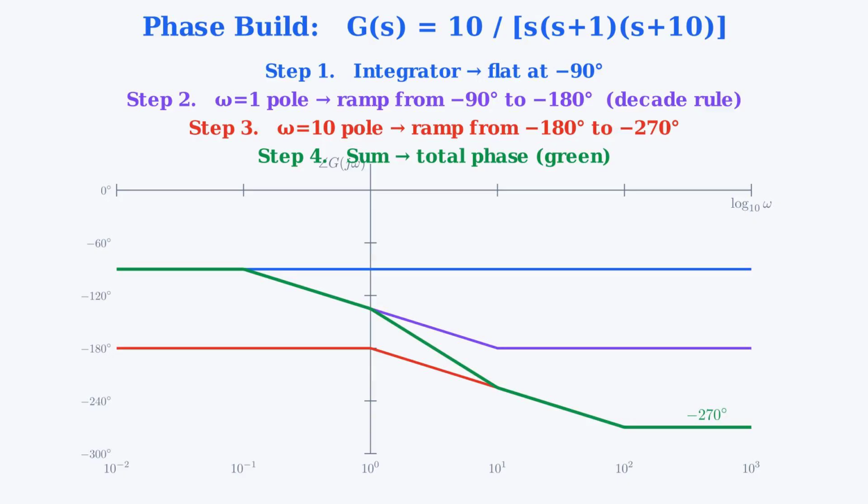The total phase reaches minus 180 around omega equals 3 or so, then continues toward minus 225 degrees by omega equals 10. Above omega equals 100, both poles are deep in their asymptotic regime. The phase settles at minus 270 degrees: minus 90 from the integrator, minus 90 from each pole, totaling minus 270.